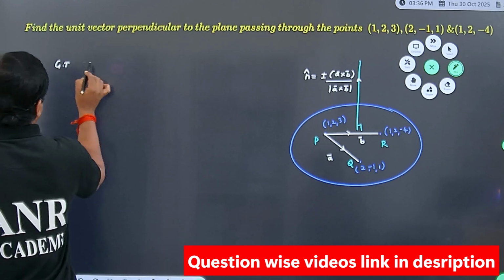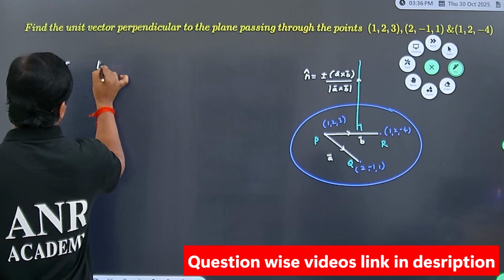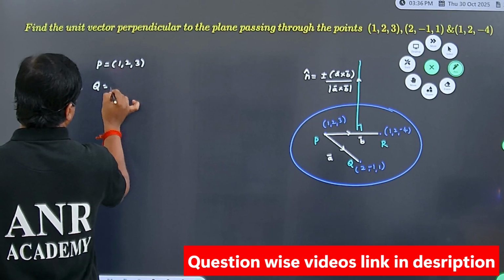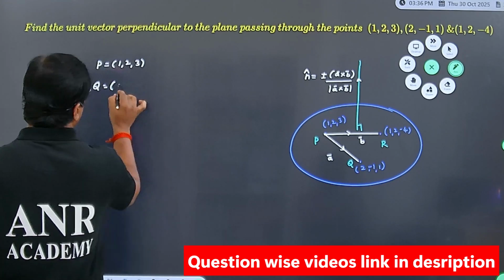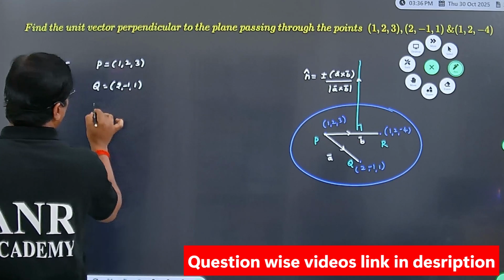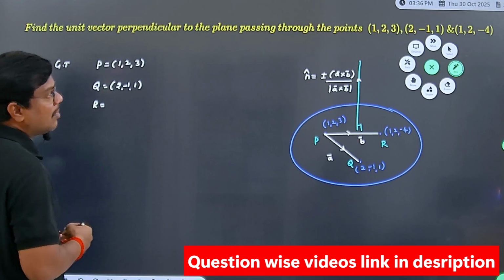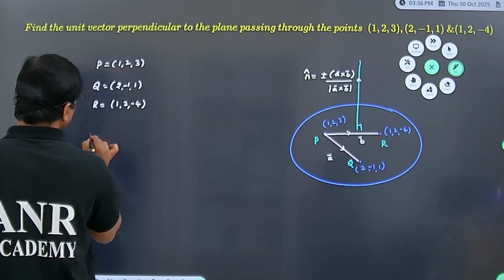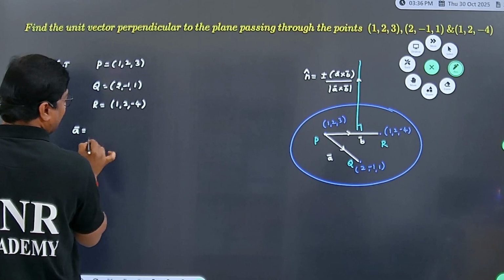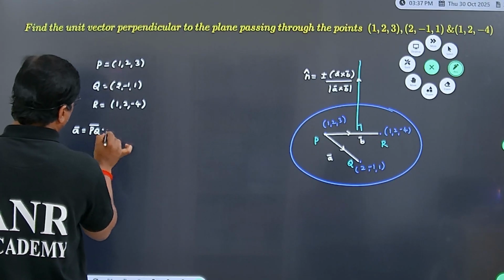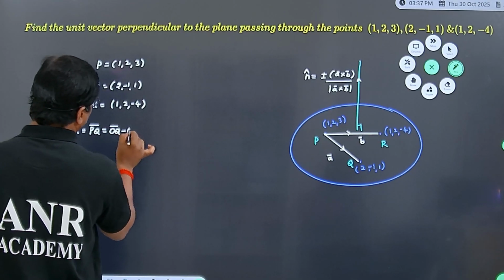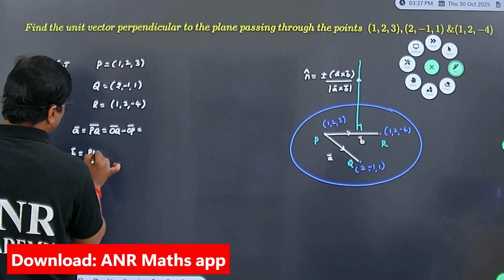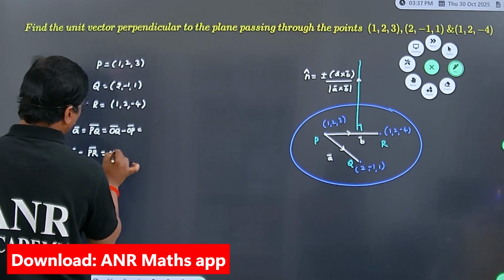Yes, given that the points P 1, 2, 3, another point Q whose coordinates 2, minus 1, 1, and the other third point R whose coordinates 1, 2, minus 4. Now I am going to find first vector, that is PQ vector, written as OQ minus OP, and second vector B bar, that is PR vector OR minus OP.